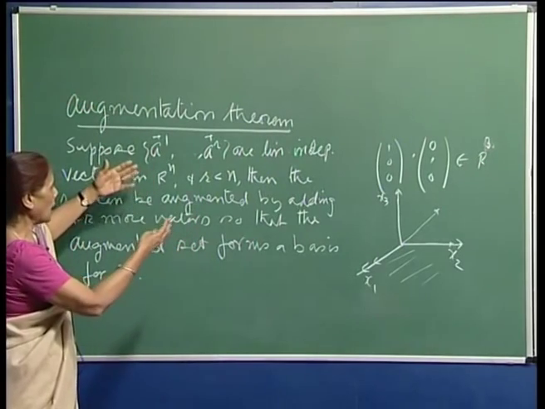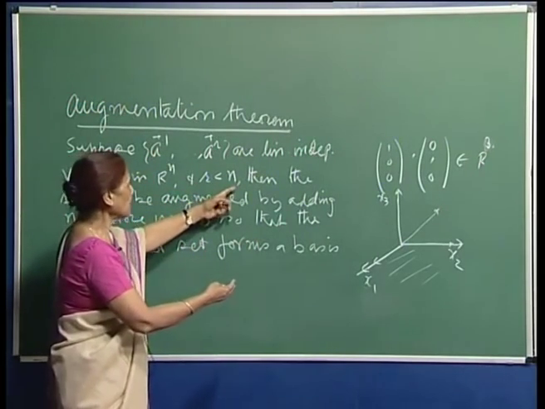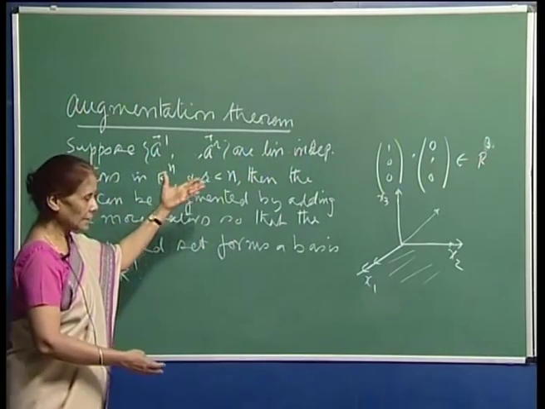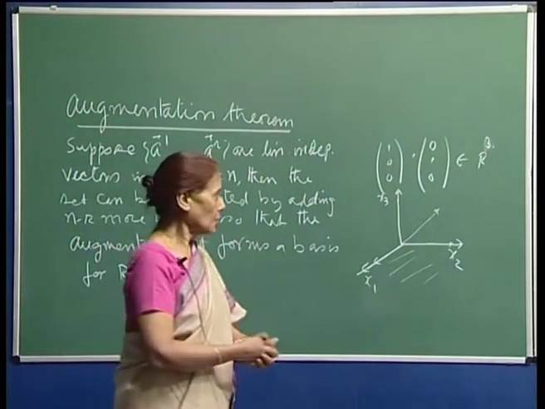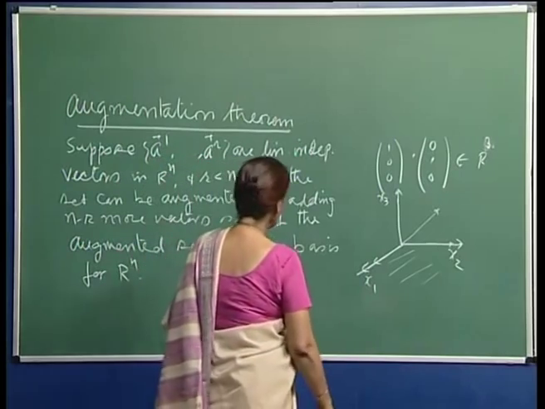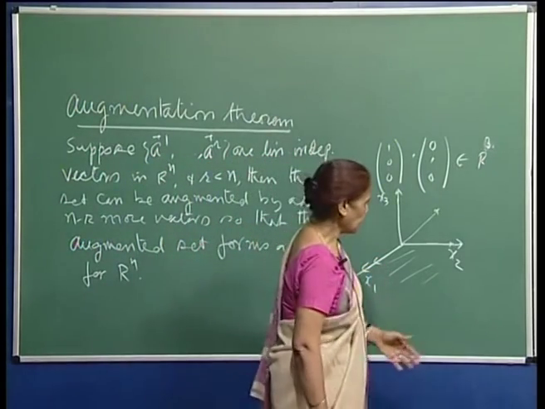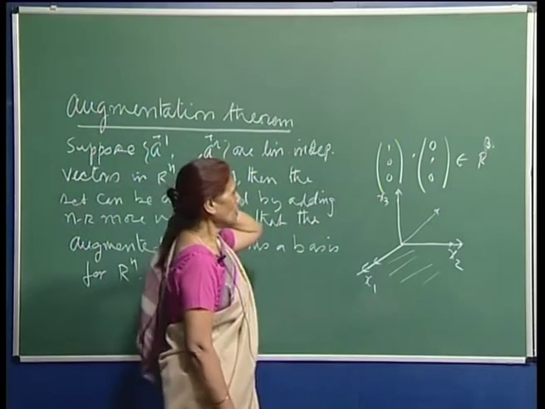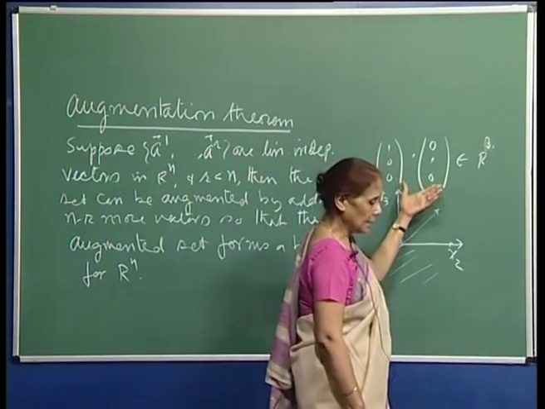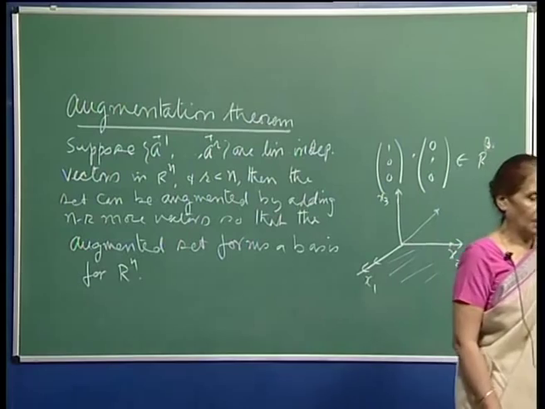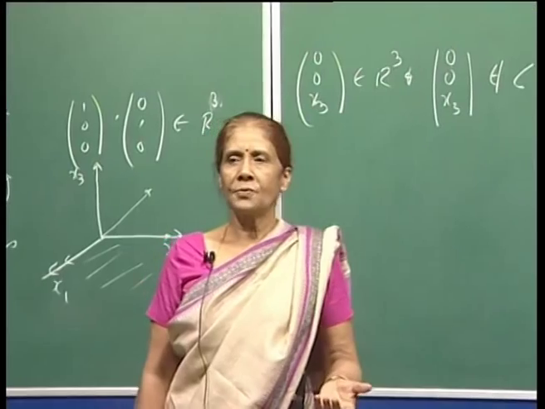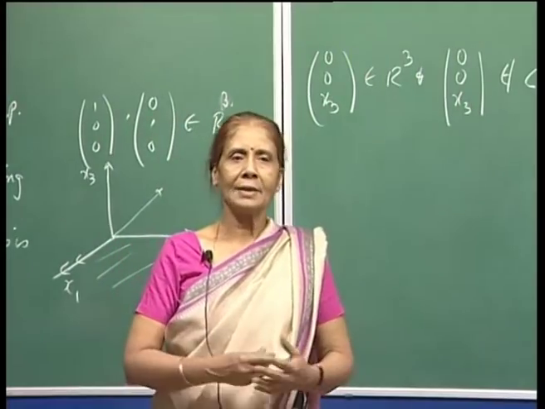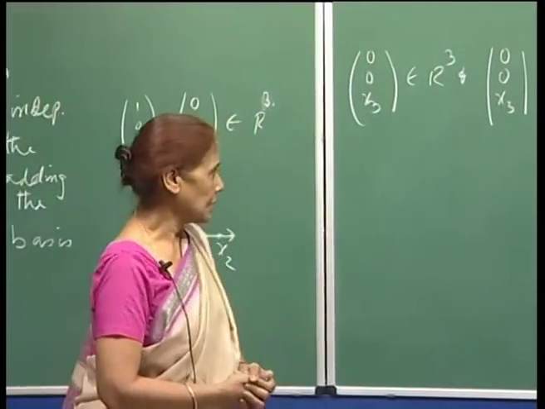Again, if R plus 1 is still less than n, I can find a vector which is outside the linear combination of the augmented set and add that vector to it. So the process goes on like this, and the proof requires a lot of time. Since we need the result, I am just giving it to you: a linearly independent subset which does not form a basis for Rn will always be possible to extend by adding vectors to form a basis.